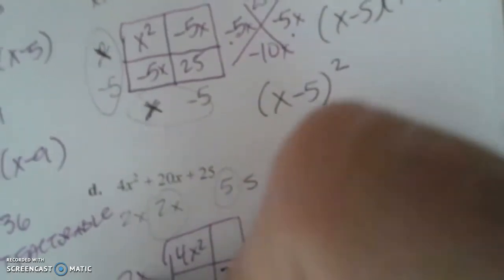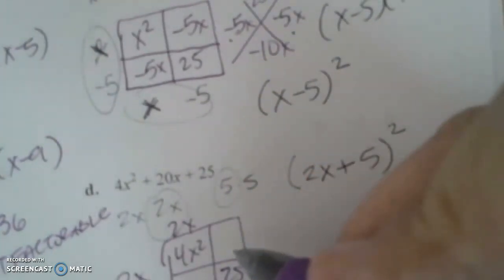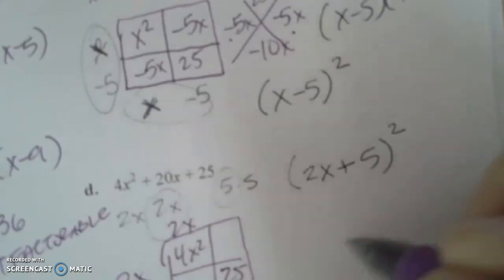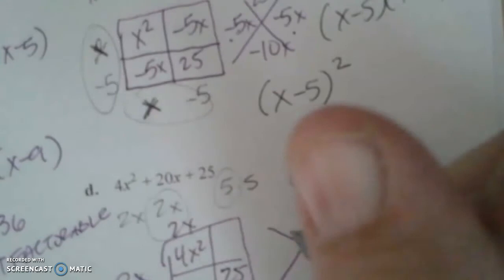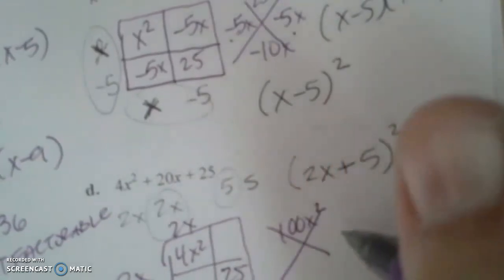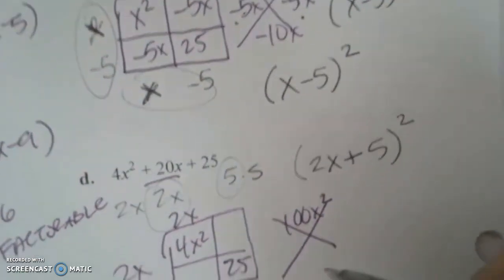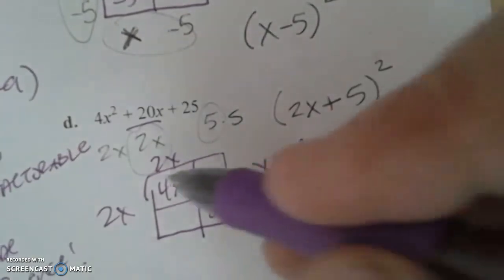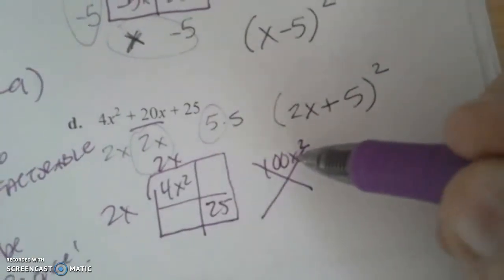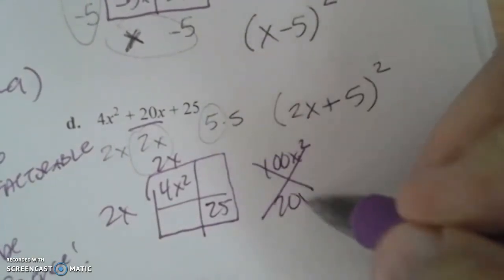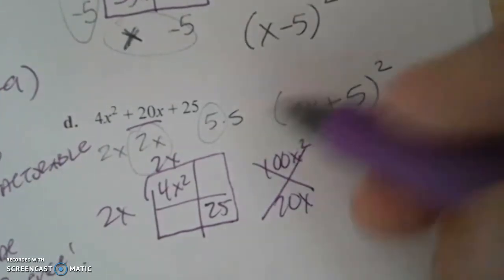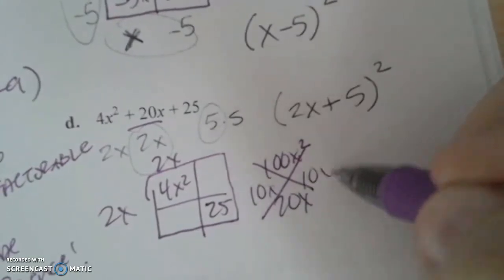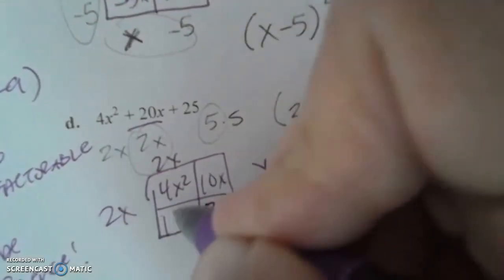This is going to be 2x and 2x. We have to multiply these two to get the top number, 100x squared, and then you need 20x on the bottom. What numbers multiply to make 100 that add to make 20? Oh, 10x and 10x. So I'm going to put 10x and 10x.